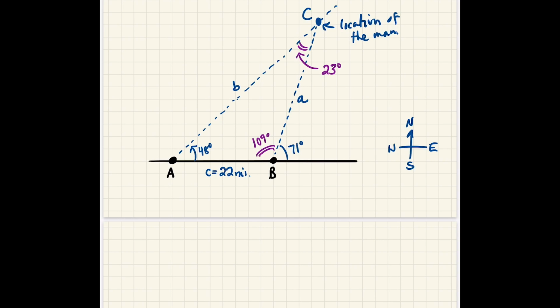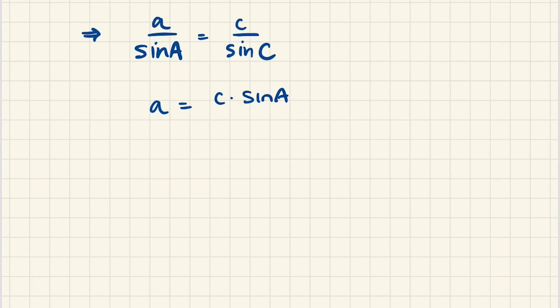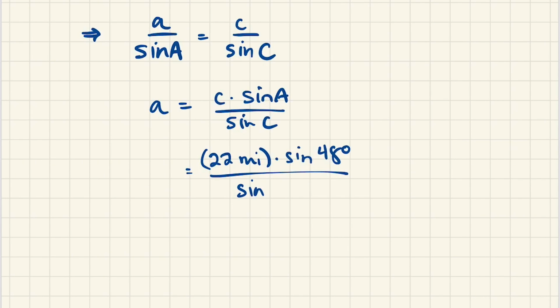So we can see that little a over sine of big A is going to be little c divided by sine of big C. So little a is c times sine of big A over sine of big C. And we have those pieces here because little c is 22 miles times big A, which is 48 degrees, all divided by sine of big C, which is 23 degrees.